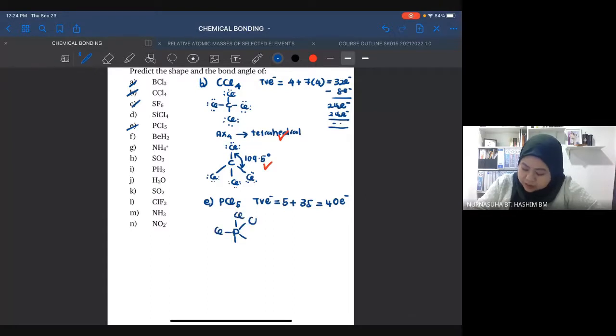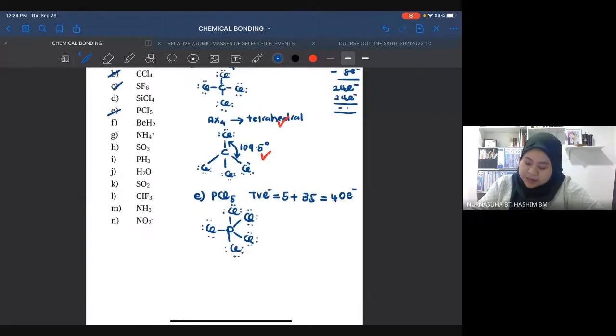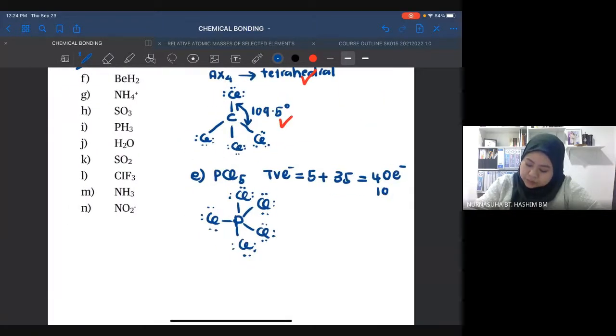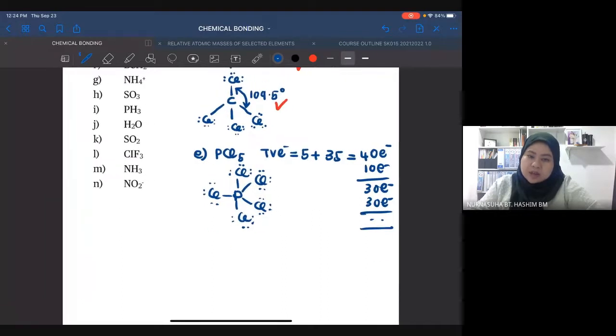Cl, Cl, Cl, Cl, Cl. Okay, let's say kebetulan Lewis structure sama, dia punya bentuk sama dengan shape. Okay, so tak ada masalah. Okay, so this is the Lewis structure for PCl5.